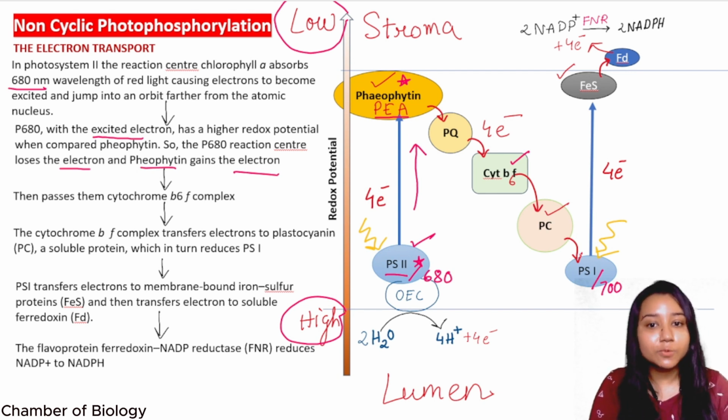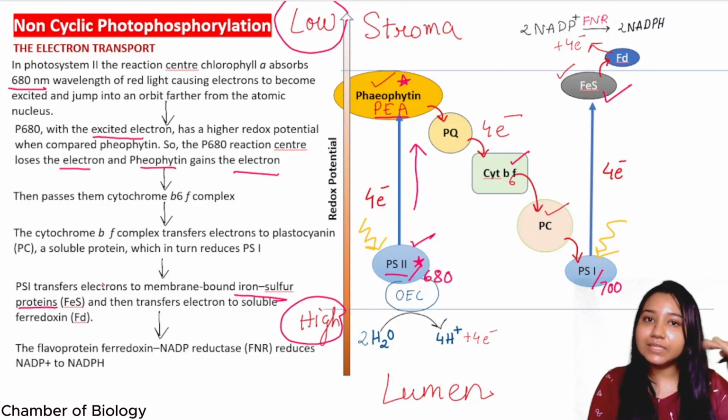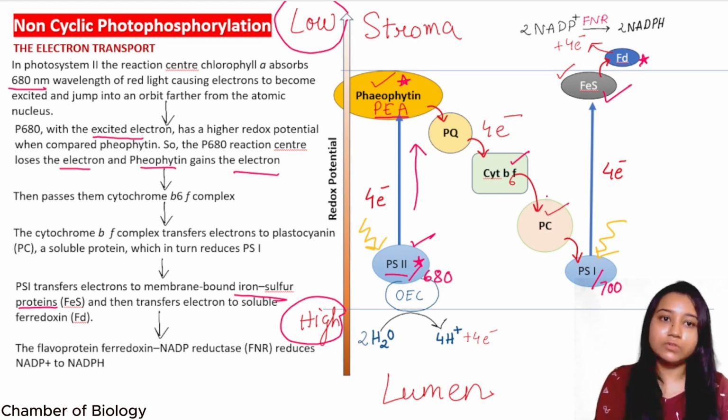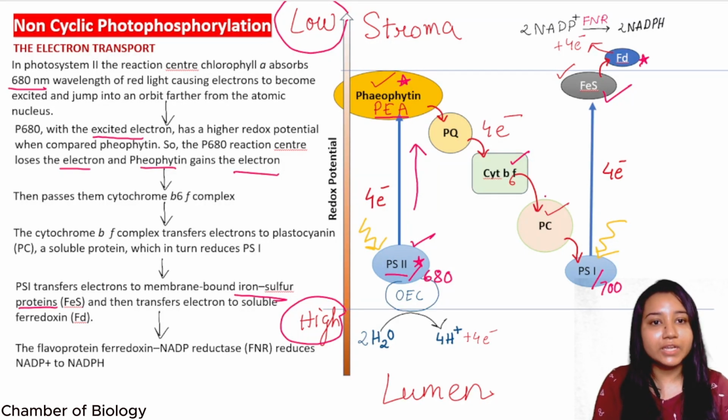So once the PS1 is getting excited, it is going to transfer the electron to the FeS, that is our iron sulfur protein, and then it is transferred to the soluble ferredoxin, that is Fd. And now after transferring to the Fd, we are going to see the final acceptor of the electron is our NADP plus.